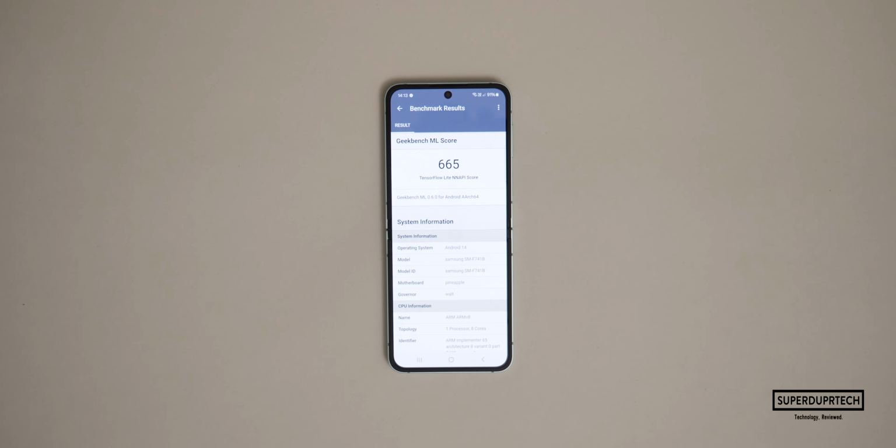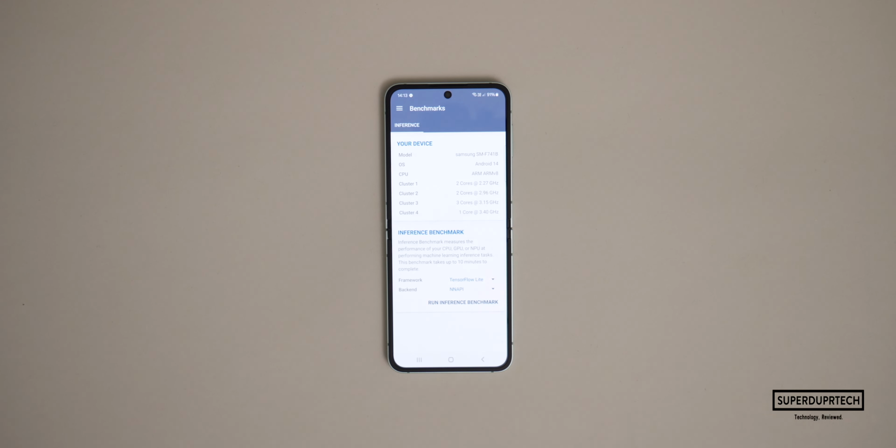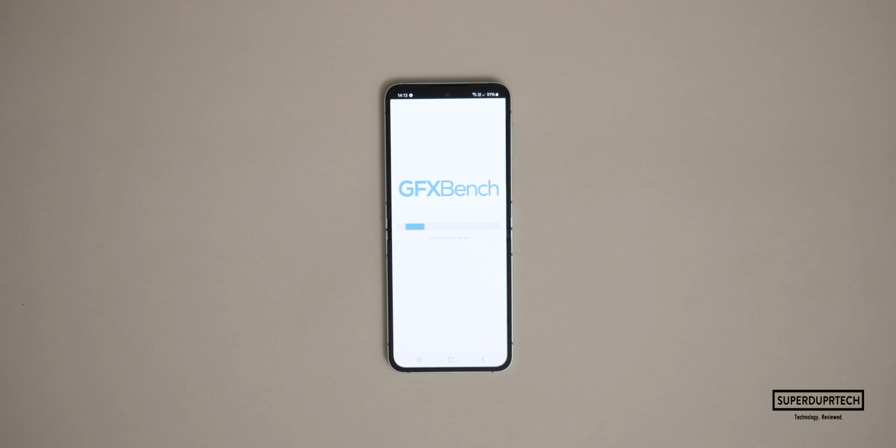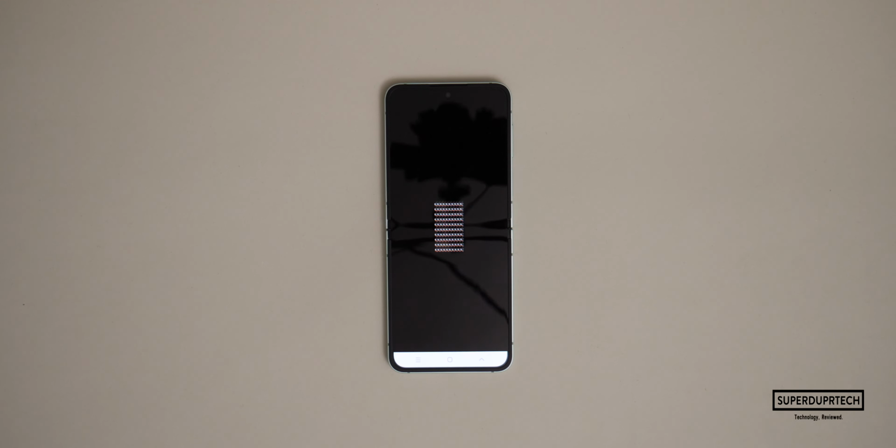I then wanted to start testing the graphics capabilities of this smartphone, and so I ran a number of different tests, and I started off by running GFX Bench OpenCL. Now the good thing about running this particular test is it runs a number of other tests which vary from both higher and lower levels of intensity that I ran on and off screen.